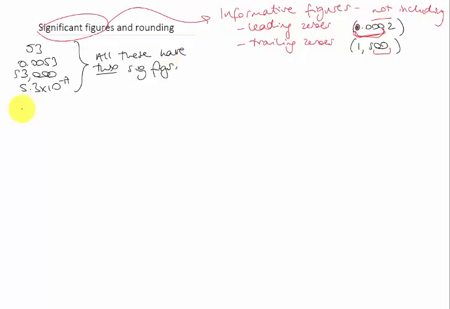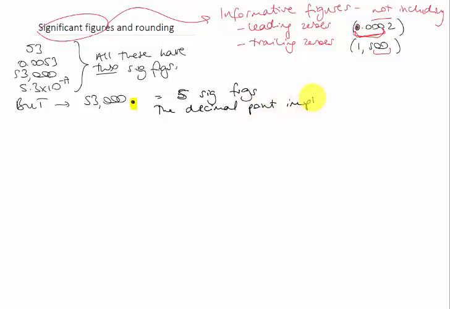There are a couple of things that make it slightly more complicated cases. So for example, if I were to write 53,000 and then a decimal point at the end like that, so that has 1, 2, 3, 4, 5 significant figures, because the decimal point implies that we really know the measurement this accurately.